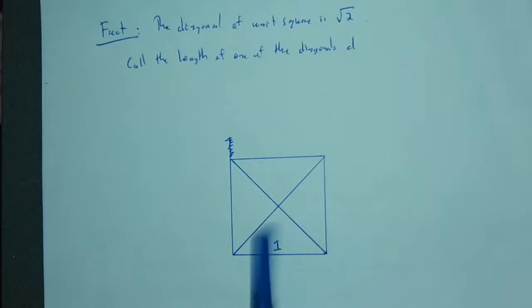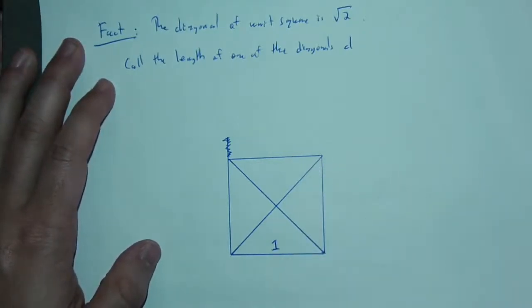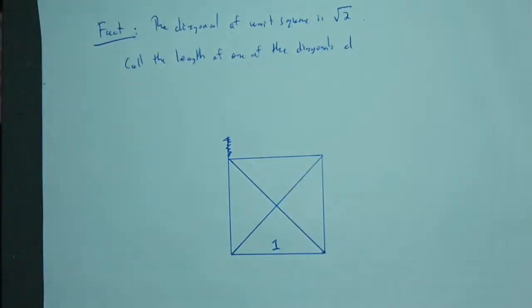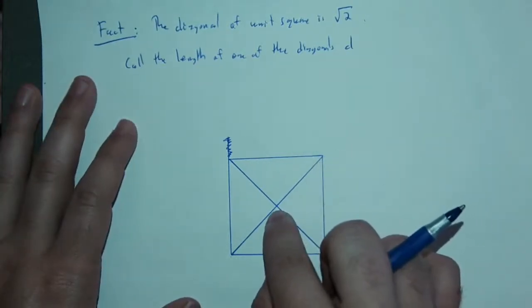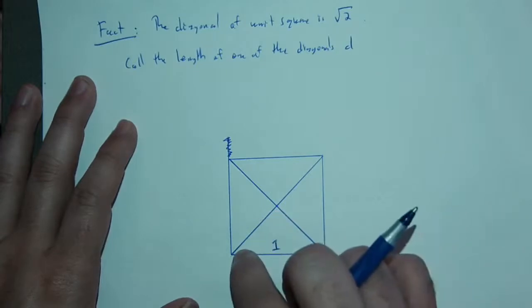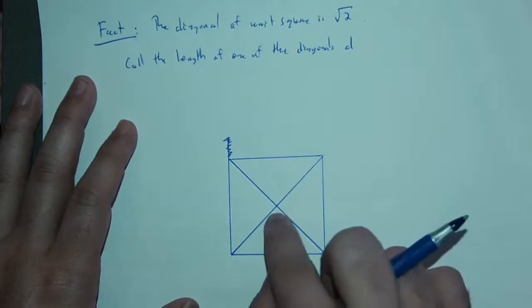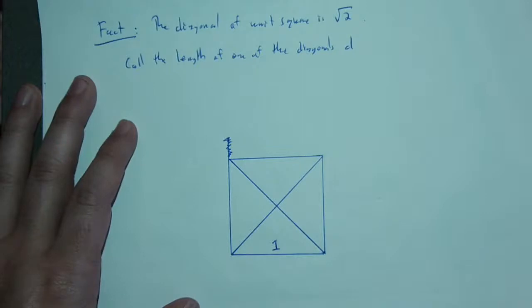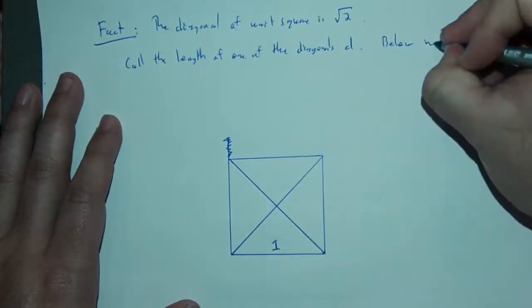And so because you're bisecting these corner angles, you're splitting it into 4 triangles that have a right angle and then 2 half right angles, right? So you have 1 right angle and 2 half right angles, and that's true for each of these triangles. So these are 4 similar triangles.